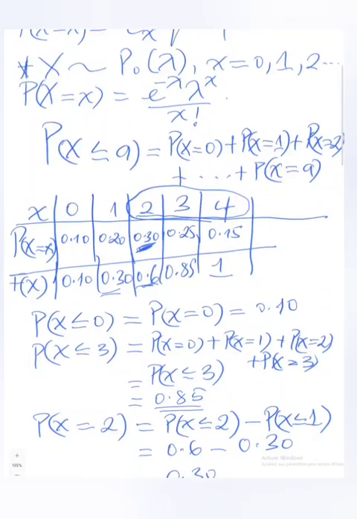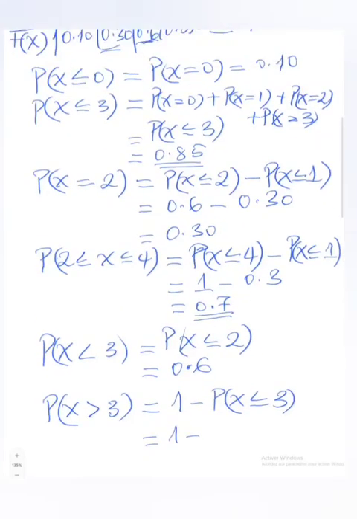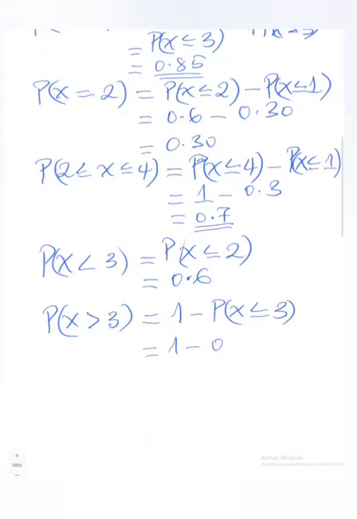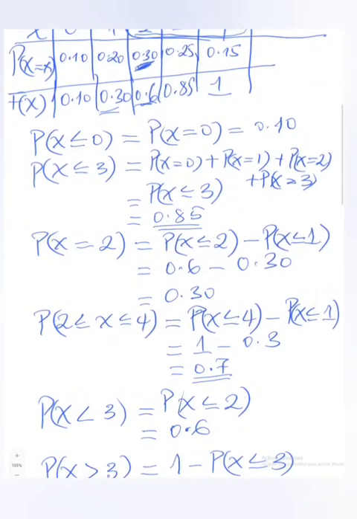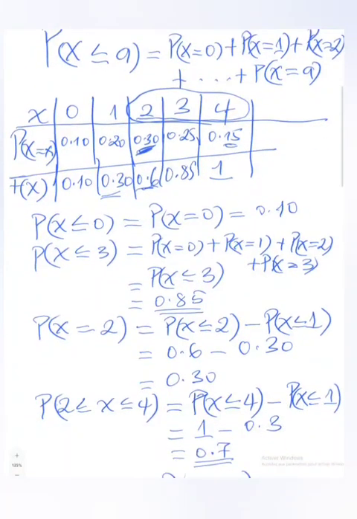The aim here is that I should use the cumulative tables without having to do any calculation. So with this, I have 1 minus the cumulative value of 3, which is 0.85. And that gives 0.15, which actually corresponds to the probability of x equals 4 on the table, because x greater than 3 means we are only left with the variable value 4 to calculate the probability, which we just need to read from the table directly as 0.15.